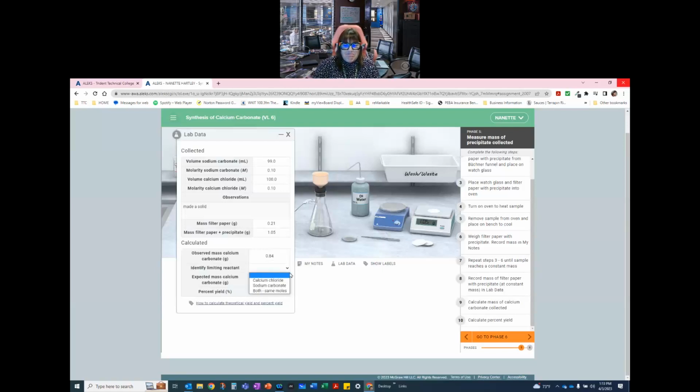What is my limiting reagent in doing this? Let's see. What was my limiting reagent? Well, actually, based on the volumes that I have, I'd say it's sodium carbonate.